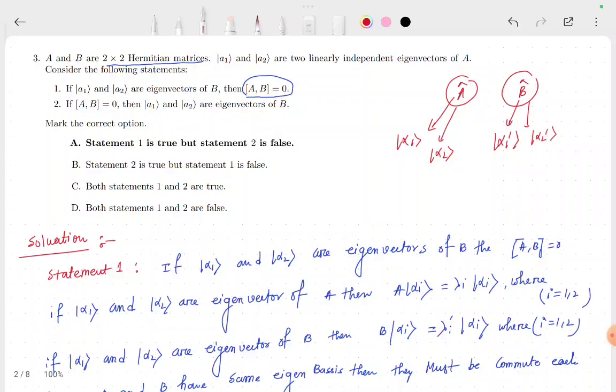What happens if these two operators commute with each other? If they first commute, then what happens?